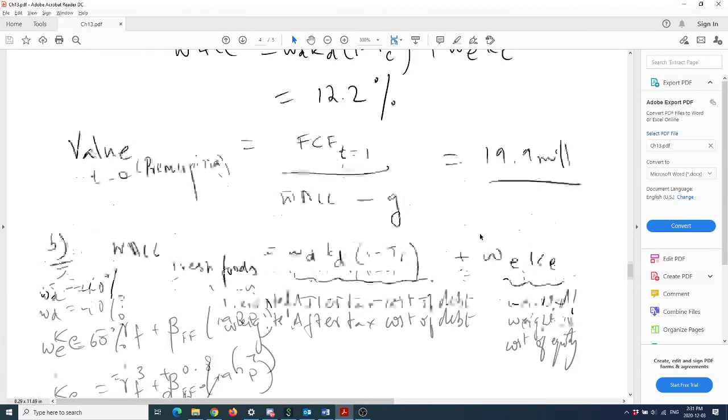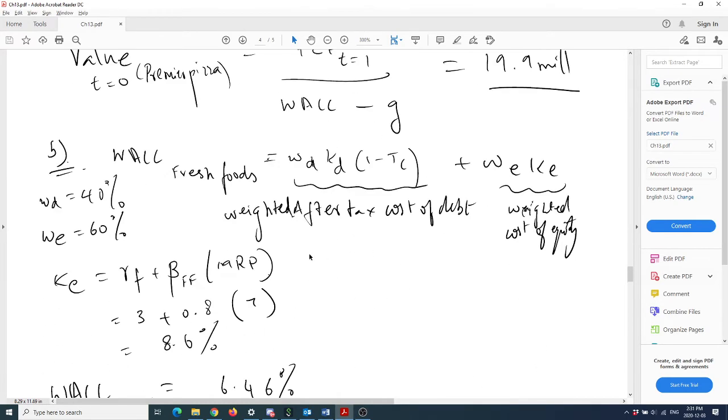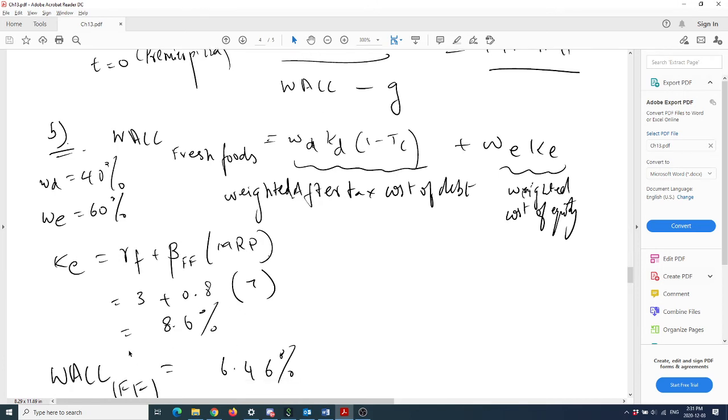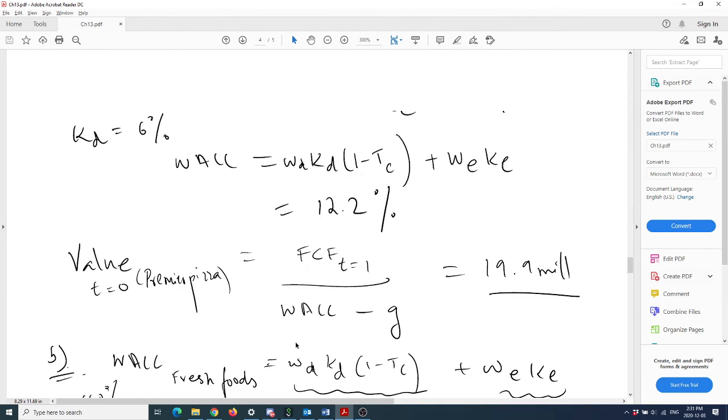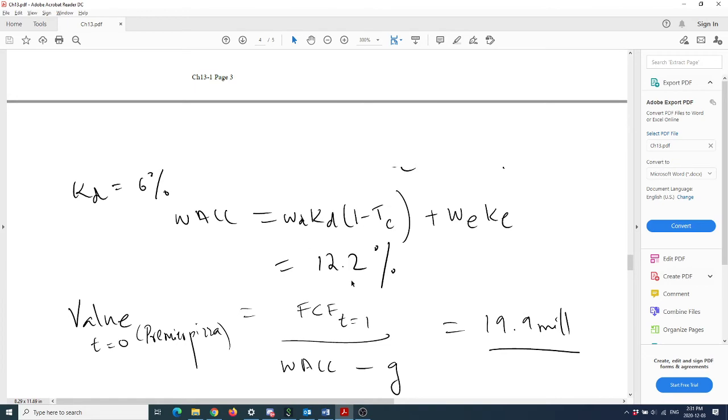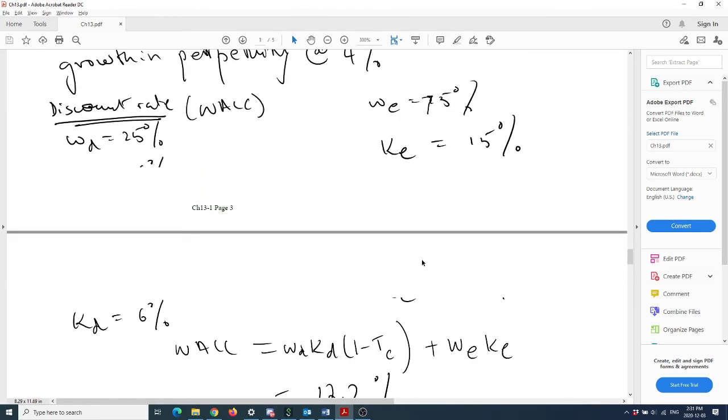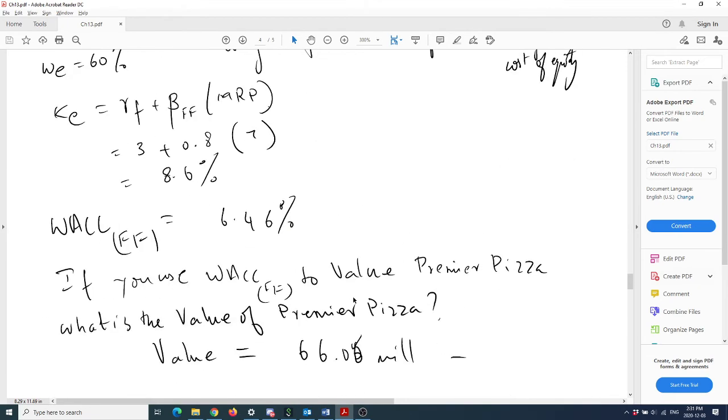For them it's a much bigger risk, while for this food manufacturer it's a much lower risk, so they require a much lower cost of equity. This brings their overall weighted average cost of capital to 6.46%, almost half of the weighted average cost of capital for the previous scenario.